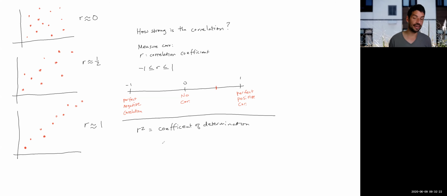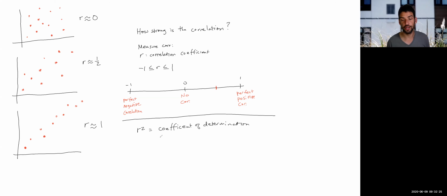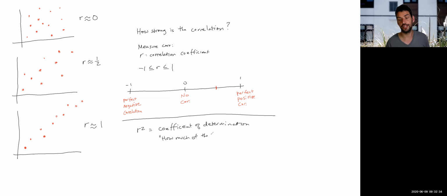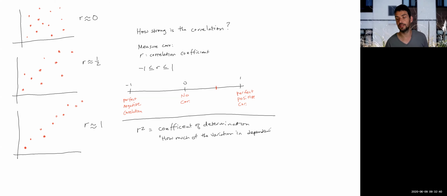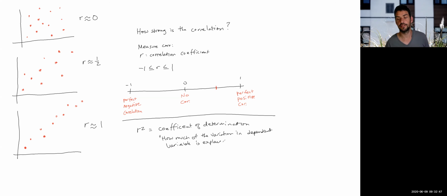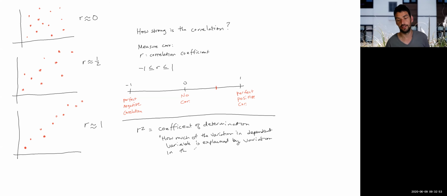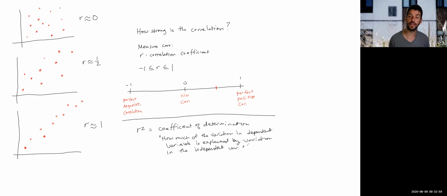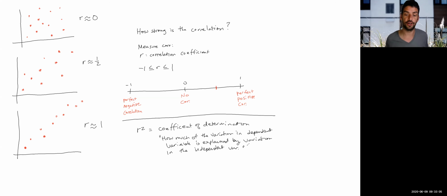And we can think of this as the portion of the variation, or how much of the variation in the dependent variable is explained by variation in the independent variable.